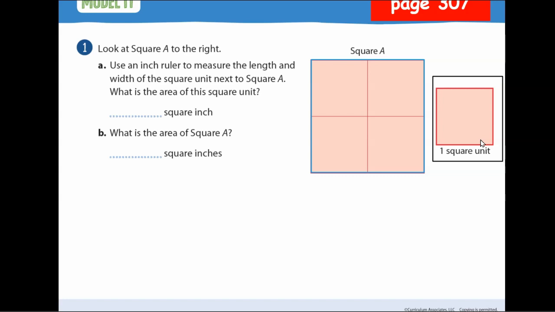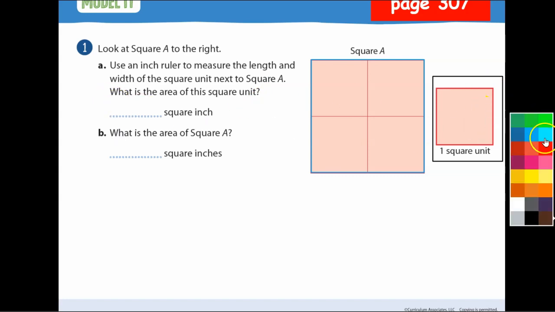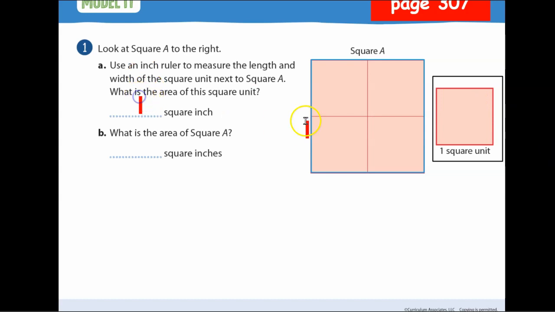This one right here is only 1 inch by 1 inch. It says use an inch ruler to measure the length and width of the square unit next to square A. That's this little guy. It says what is a square unit inch? Well, it's actually 1.